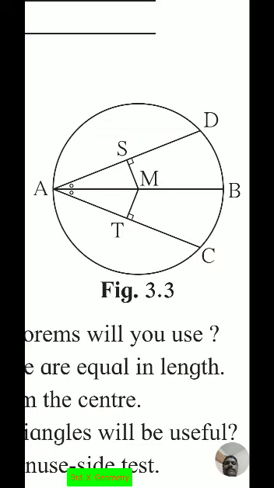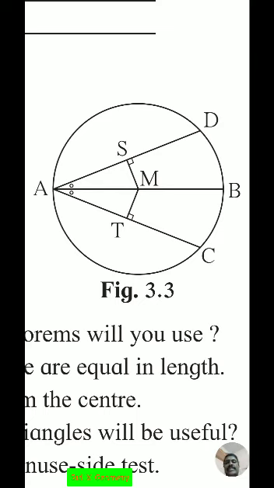Side AM is congruent to side AM. That means every segment is congruent with itself. That's why AM is one of the congruent sides. Then it is given that angle SAM is congruent with angle TAM, which is also given, is the second congruency, that is congruency of angles.